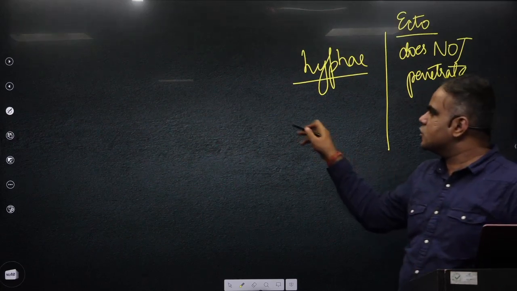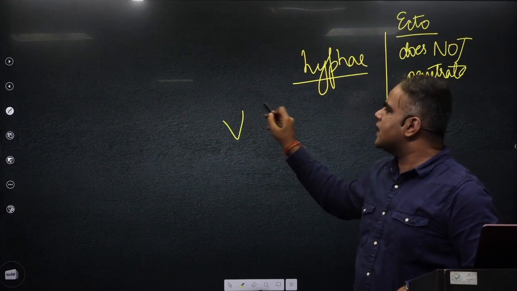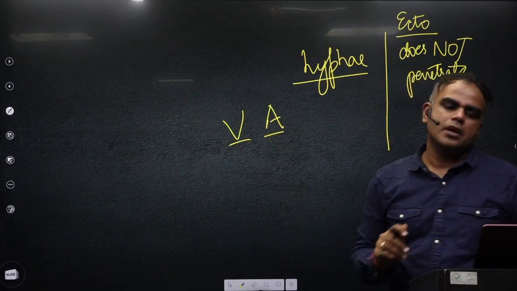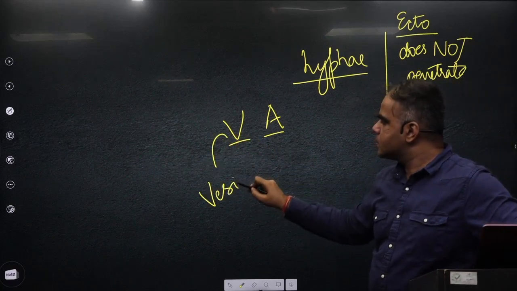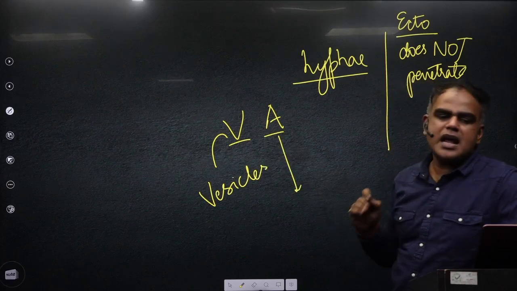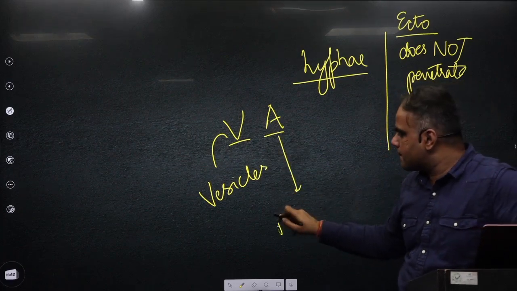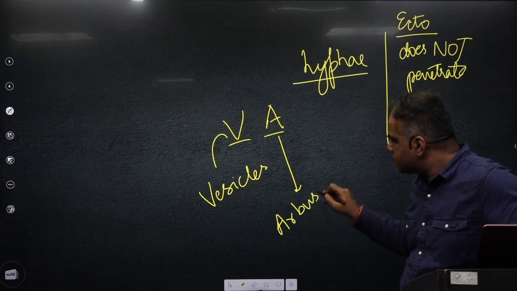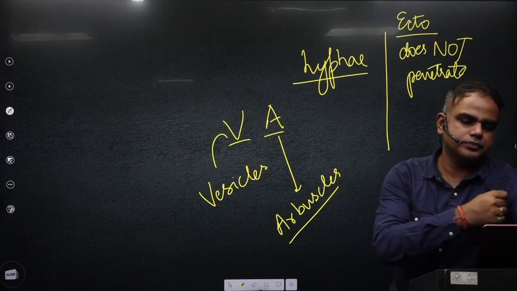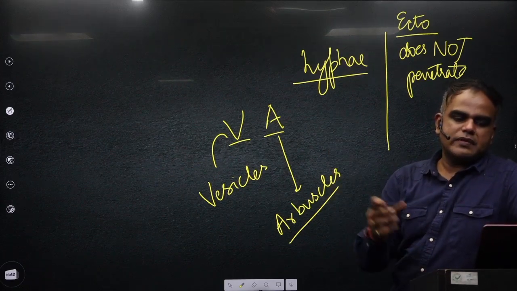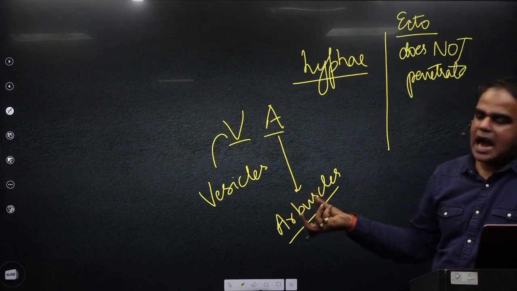Now the second thing: there are two things, V and A. V is vesicles and A is arbuscules. These will be there in the endomycorrhiza, so it will form arbuscules and vesicles.